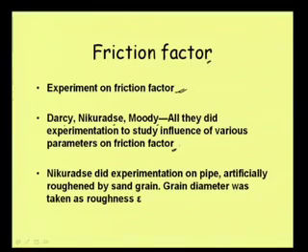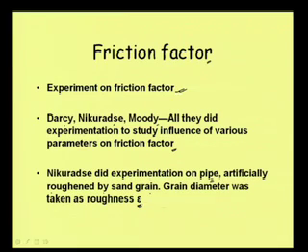Then Nikuradse did experimentation on pipes. To take roughness, he artificially roughened the pipe using sand grains. For the roughness value, the symbol generally used is epsilon.